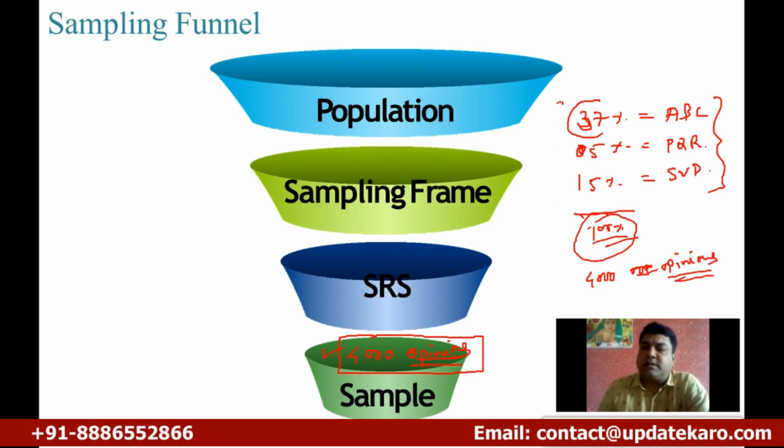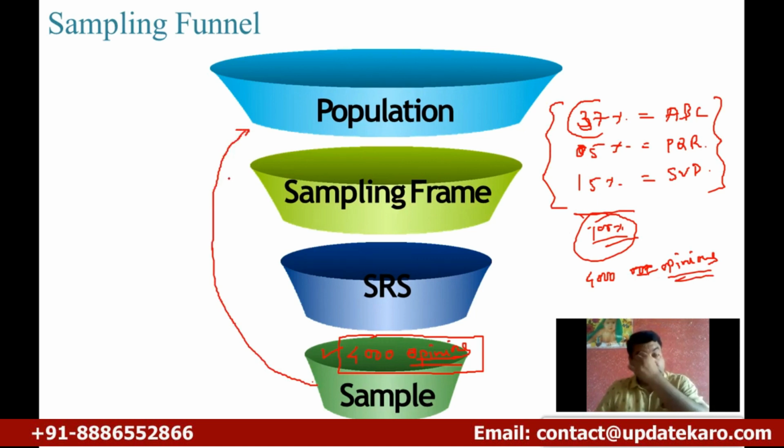But what they say is that from Ranchi, this party is going to win because the population is talking about ABC winning the election. But they have not collected the opinions of all 14 lakh housewives.